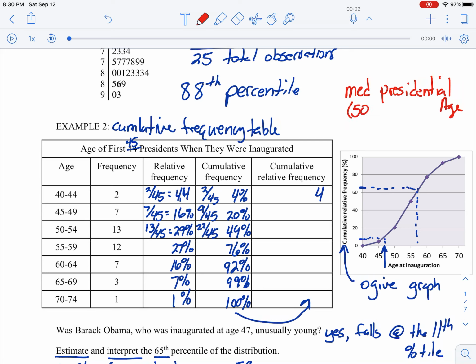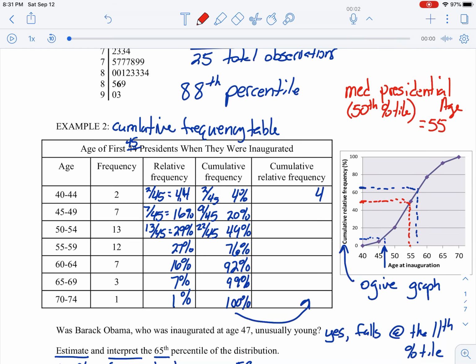We have to remember that the median falls exactly in the middle, or the 50th percentile. So if I was to find that, I would come down here to the 50th percentile. I'm going to make my mark. It comes over here, actually it hits that mark and down. So I'm going to say the median is going to equal 55.